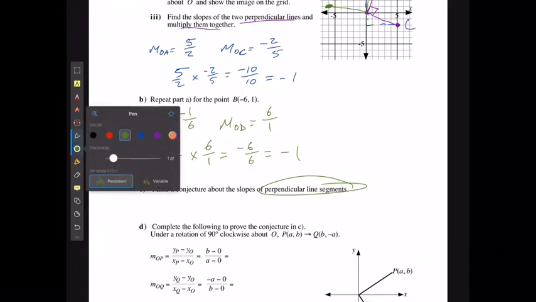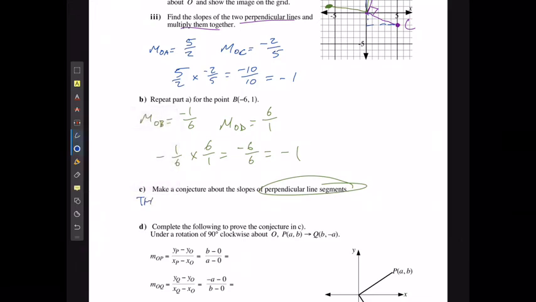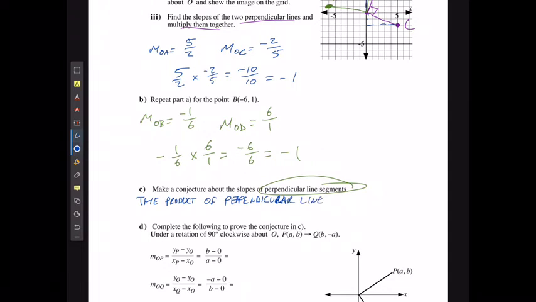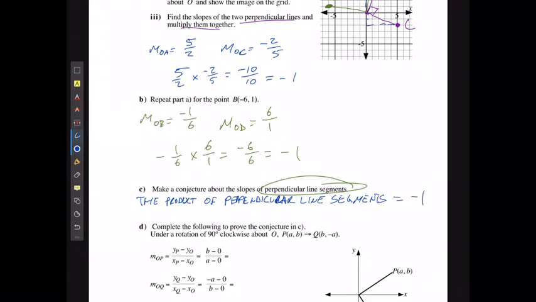One is the product, or multiplication, of the slopes of perpendicular line segments will equal negative 1.